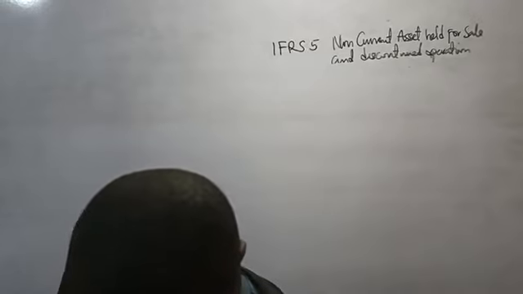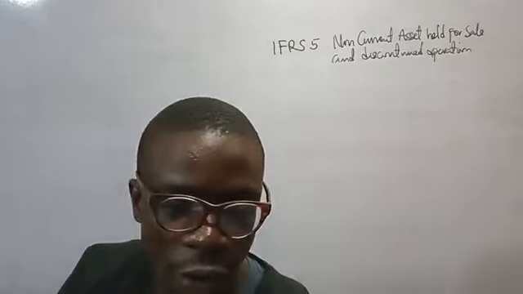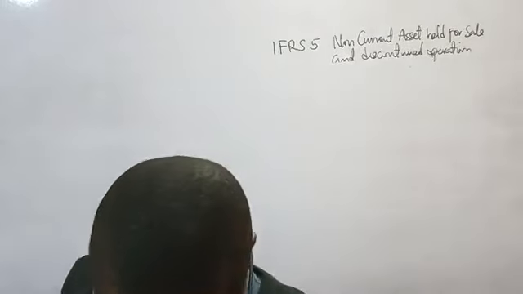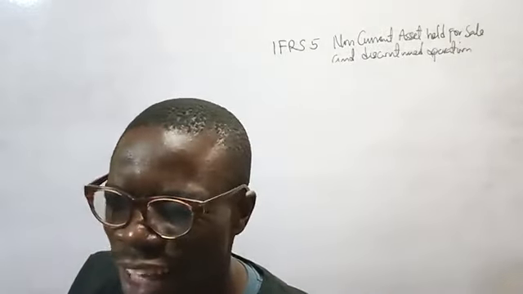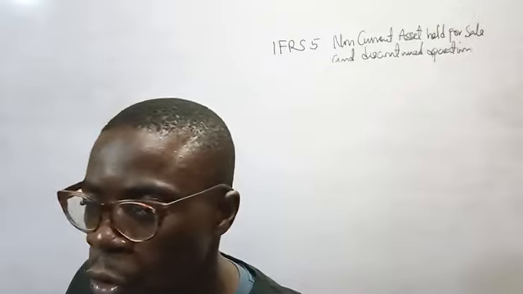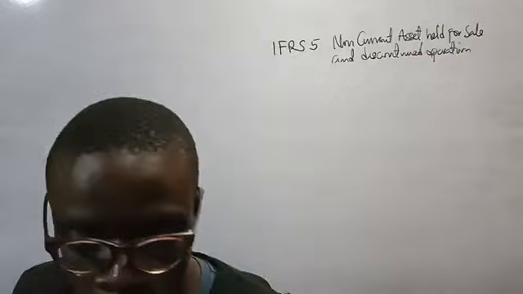They say we should prepare the statement of comprehensive income for the year. Whenever you have a discontinued operation, the revenue or expenses incurred for it will not be part of the revenue reported in your comprehensive income.